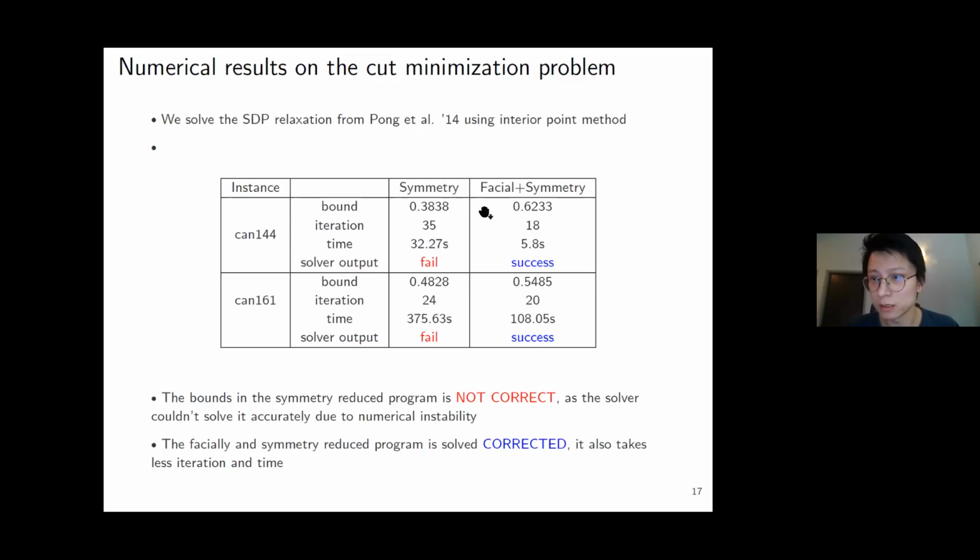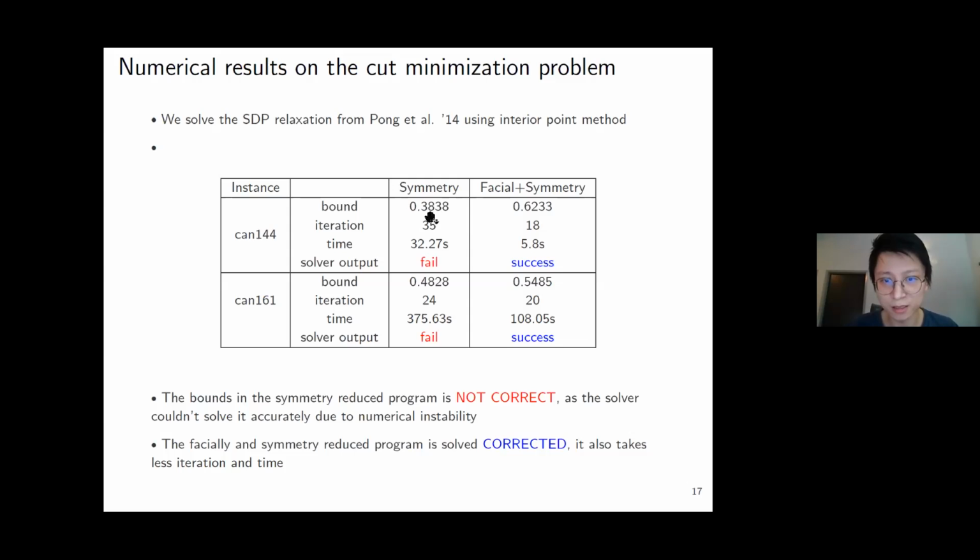And moreover, you see that the bound is significantly different from the one you obtained by solving the symmetry reduced program. Because by solving the symmetry reduced program, because of the ill-conditioning, because it doesn't satisfy the Slater condition, the solver couldn't find the optimal solution, but instead, in this case, it just finds something which is as close as it could.